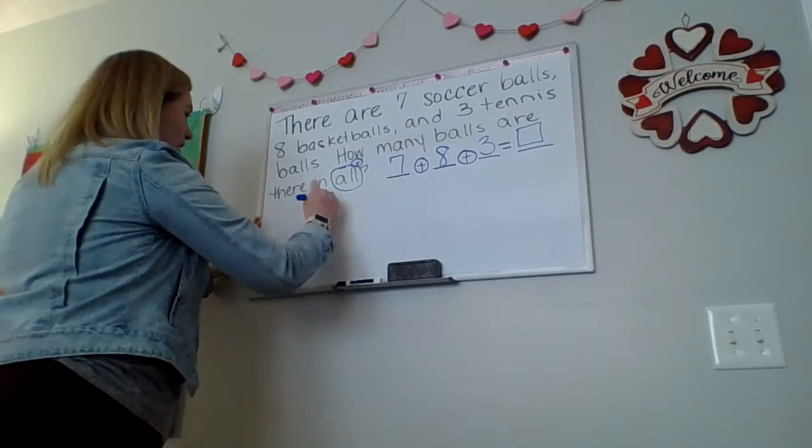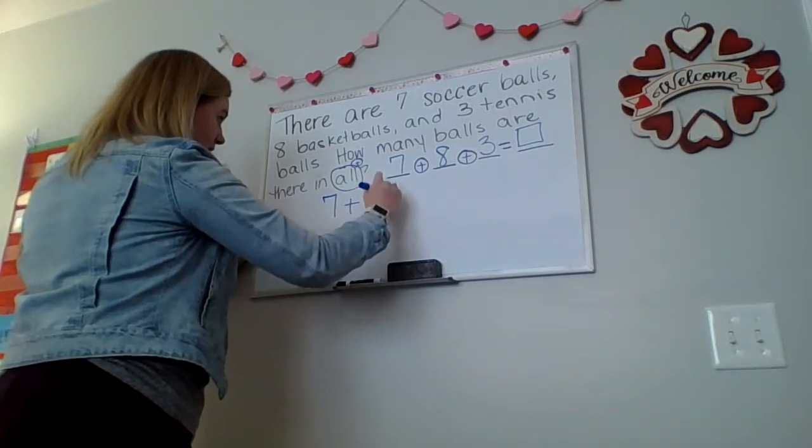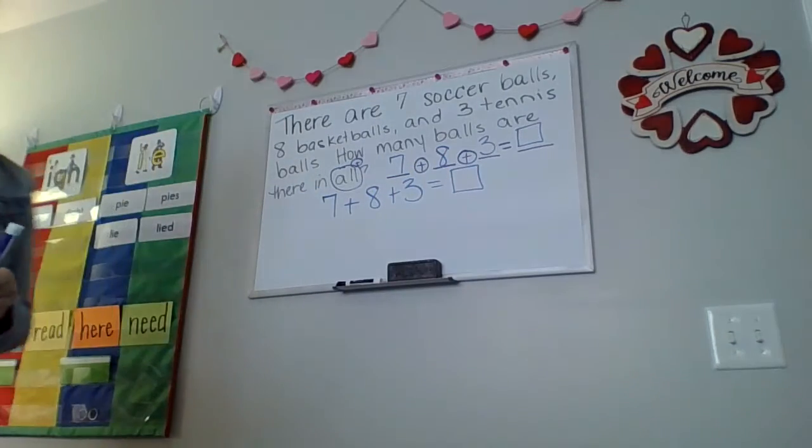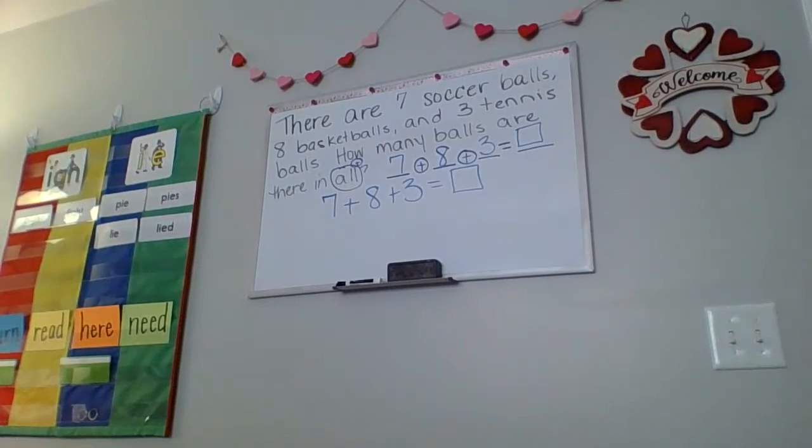Now, I don't know if you guys remember this. We learned this a couple weeks ago. When we're adding 3 numbers, you can take 2 numbers and add them together. Hold on one second. Let me get that anchor chart.